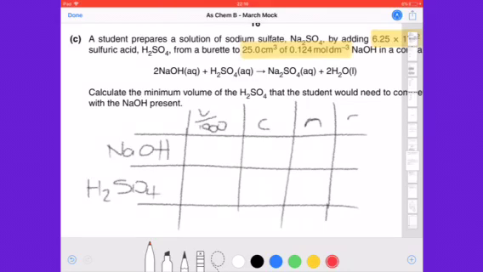Now, we're going to put that information into the table. The first thing is, we know that the sodium hydroxide is 25 centimeters cubed, so that will be 25 over 1000. The concentration is 0.124.